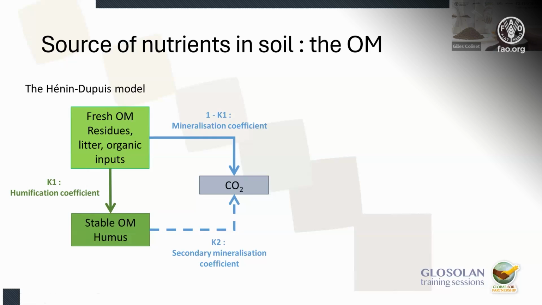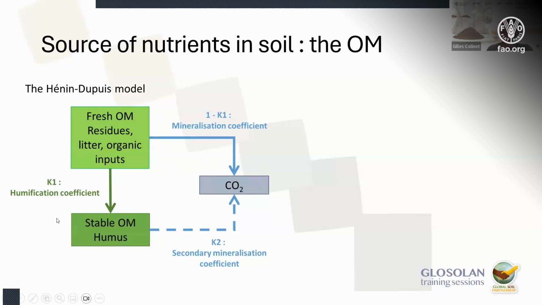So they distinguish two coefficients. One is the humification coefficient, which is the part of the fresh organic matter that will give you stable humus in the soils. This is called the K1 coefficient, and 1 minus K1 is the part of the fresh organic matter that will be converted into CO2.